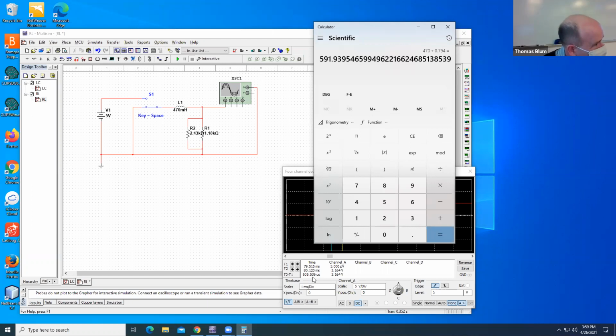Questions? I'm trying to get you through test 3. There's going to be an LR circuit or an RL circuit. I'm dyslexic. I don't even know which one is right, the common way to talk about it. But there will be a circuit with a resistor and an inductor.